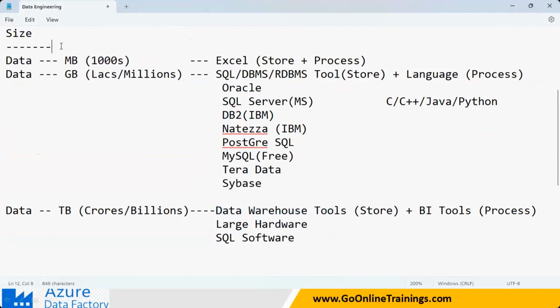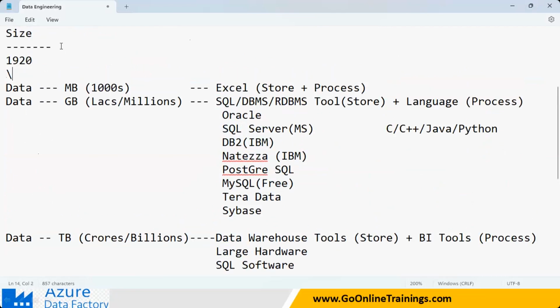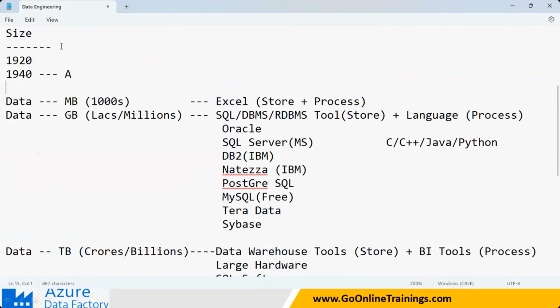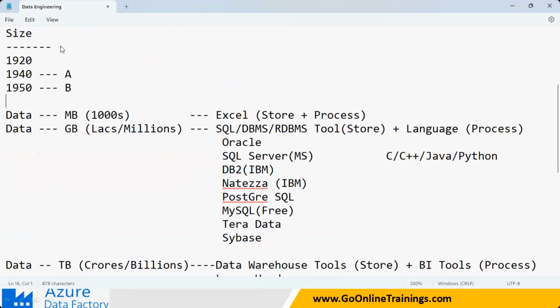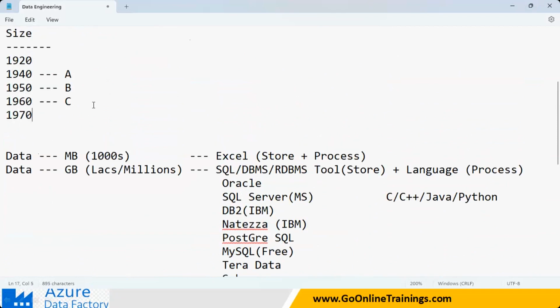So the IT industry started with, in 1920, you got a computer, and in 1930, you have a binary language. In 1940, there is a language called A. 1950, there is a language called B. 1960, there is a language called C, which is a more powerful language. Clear? 1970, we got one more language that is Advanced C. C language has some issues.